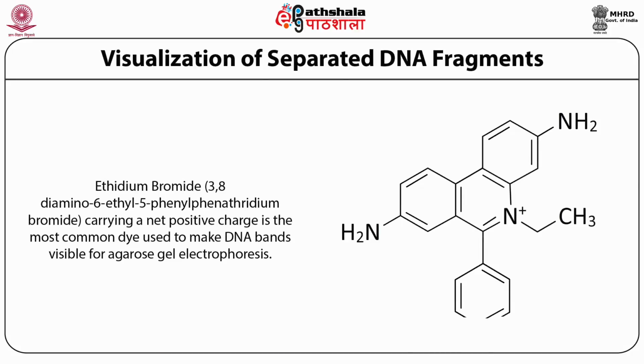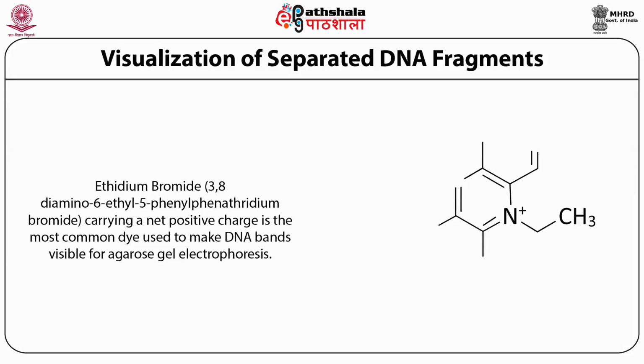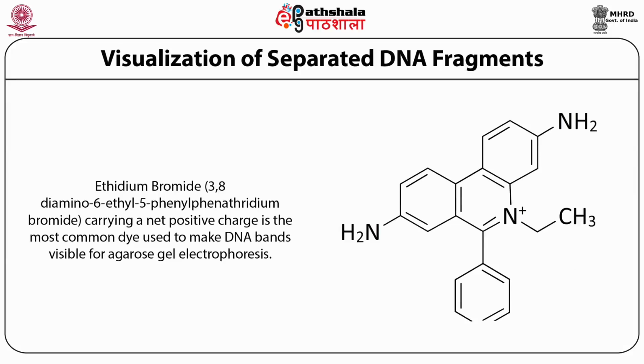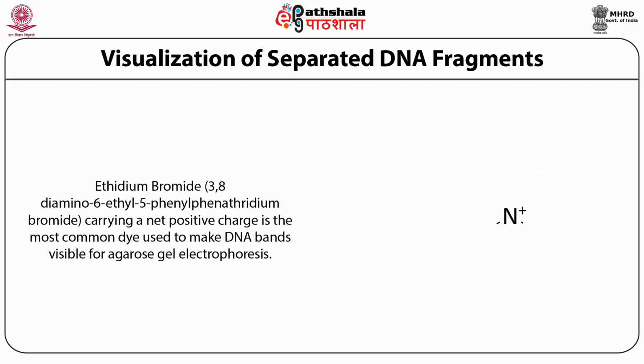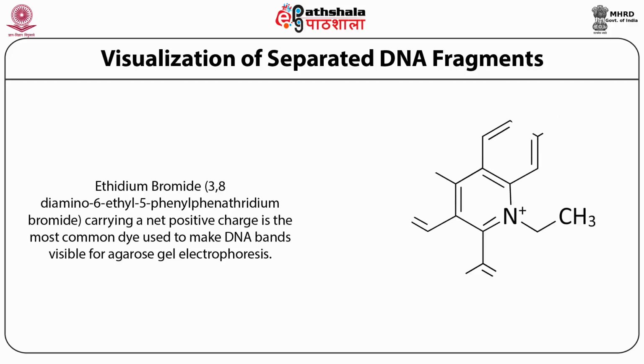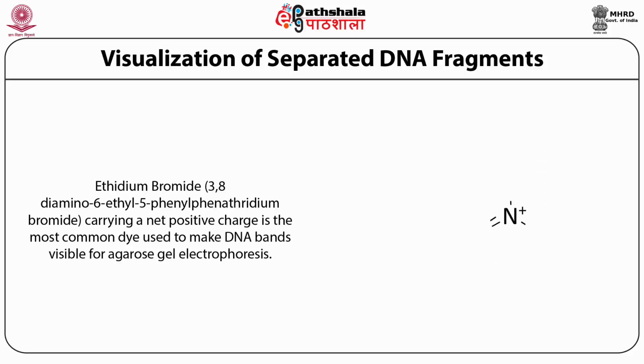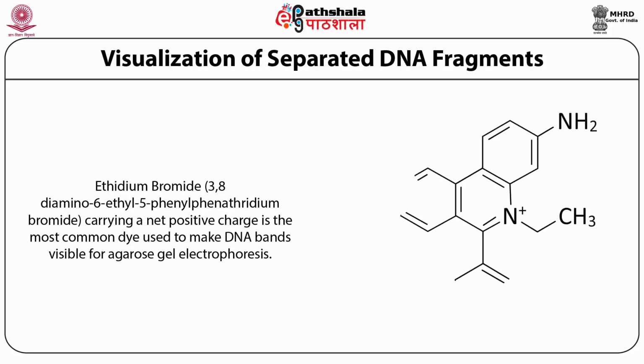Visualization of separated DNA fragments. Ethidium bromide, or chemically known as 3,8-diamino 6-ethyl 5-phenyl phenanthridinium bromide, carries a net positive charge and is the most commonly used dye to make DNA bands visible after agarose gel electrophoresis.